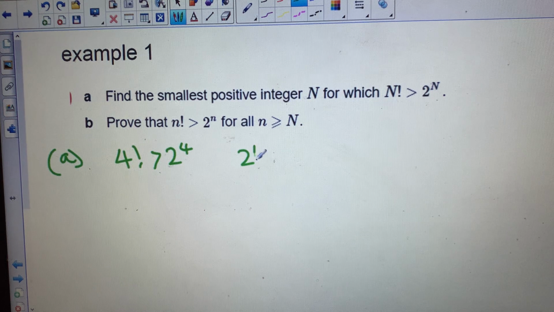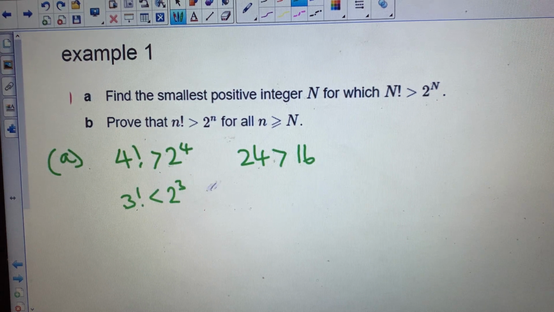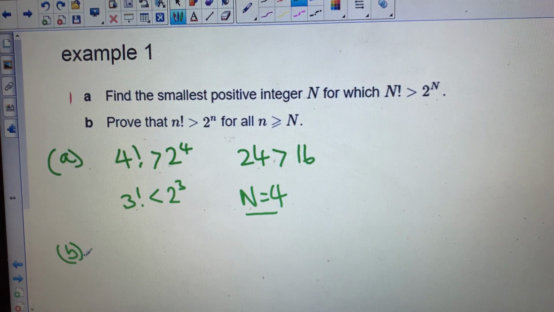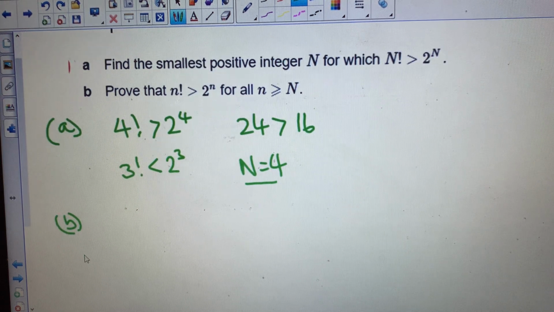You know, 24 is greater than 16. And if you put 3 in, 3 factorial is not greater than 2 cubed. So your smallest integer of n is very definitely 4.